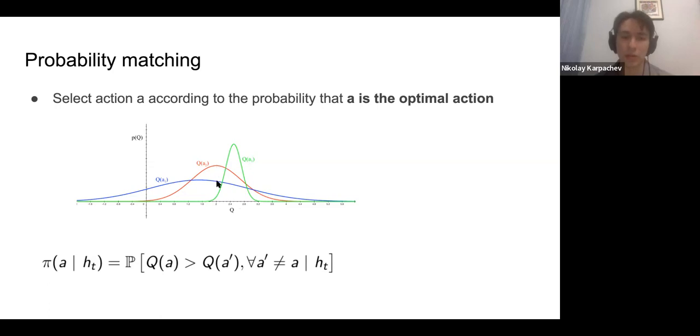For this red action, it will be 2, and for the blue one, it will be 1.4, I think. So we have these averages of Q, and that's the only thing that we have. We transform them into probabilities using the softmax function.